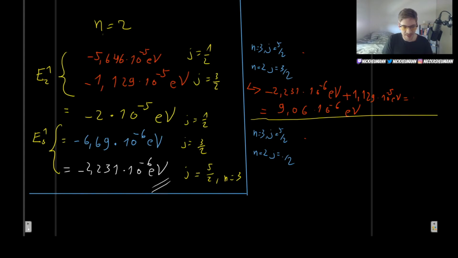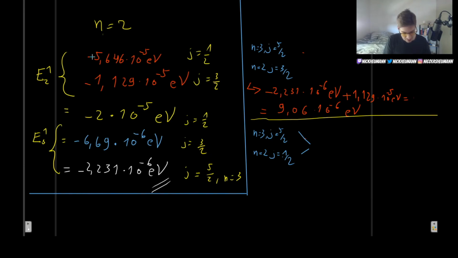So that's the next case. And what we have to do is exactly the same. So what is our energy? Maybe I'm going to write it like this now. Our energy in this case is minus 2.231 exponent minus 6. And we now have to subtract this energy right here.